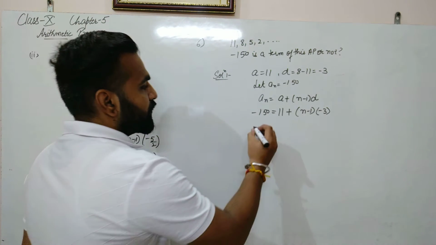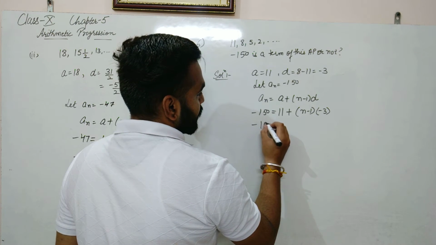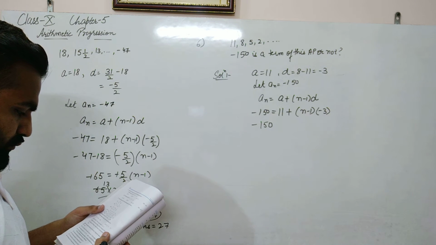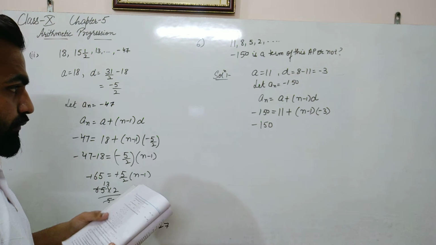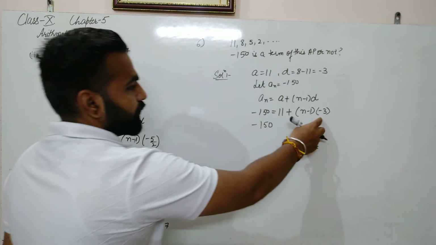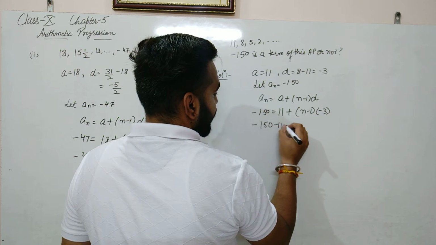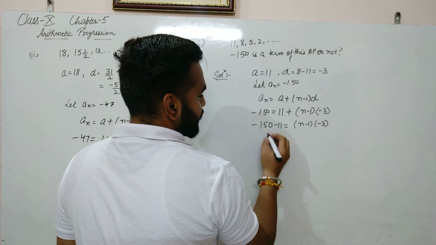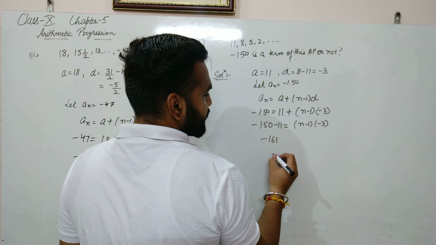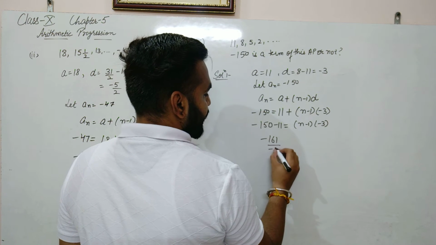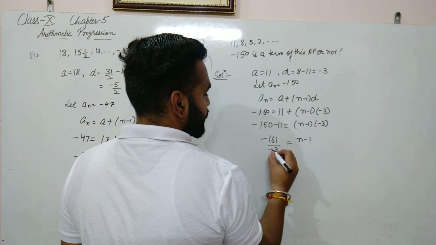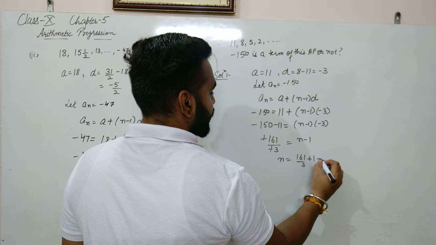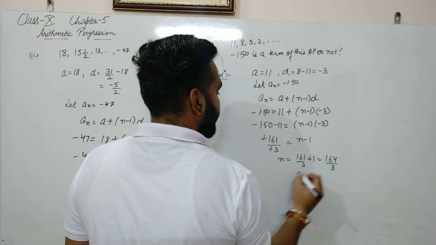So from here, -150 minus 11 will come here, n minus 1 into -3. This will come as -161 divided by -3 equal to n minus 1. So n will be equal to 161 by 3 plus 1, that is 164 by 3.